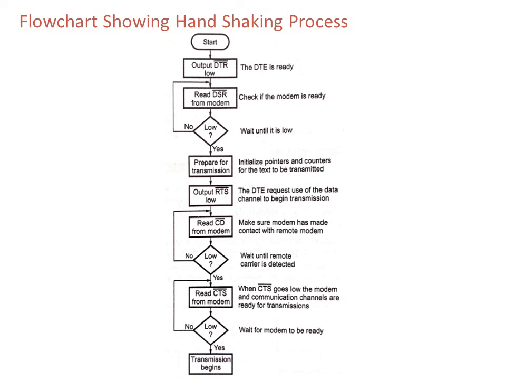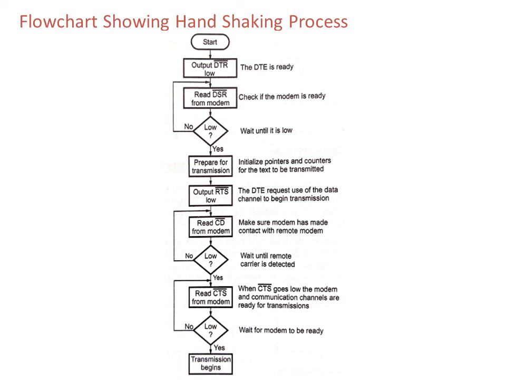To check this, we read the CD signal from the modem, and it should be low. If it is low, the modem has made contact with the remote modem. Otherwise, we wait for the CD bar signal to become low.